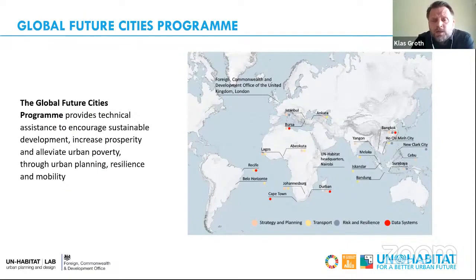The Global Future Cities program is funded by the UK government and managed through the Foreign, Commonwealth and Development Office. The program started in 2018 and will conclude in 2022.